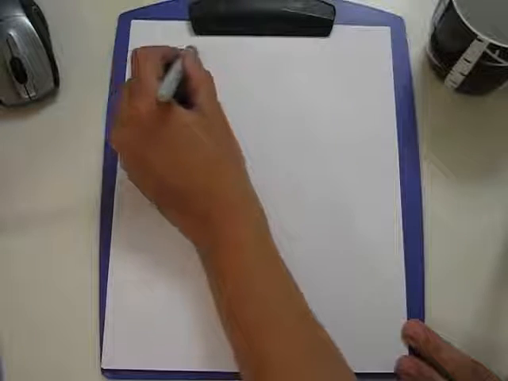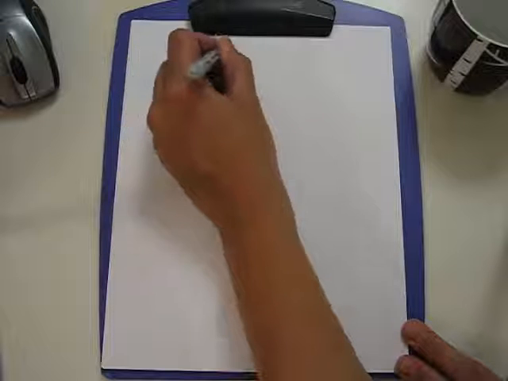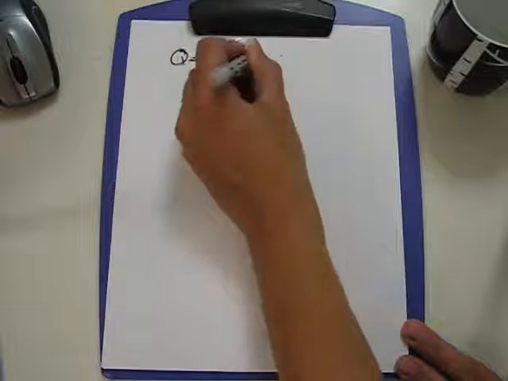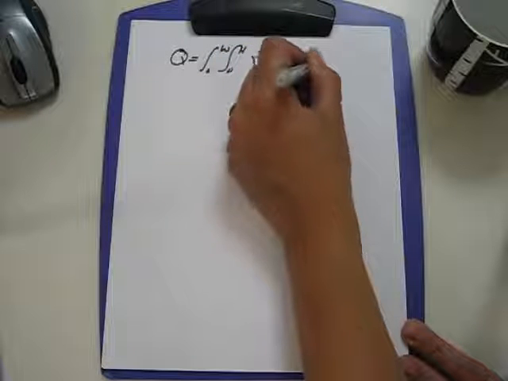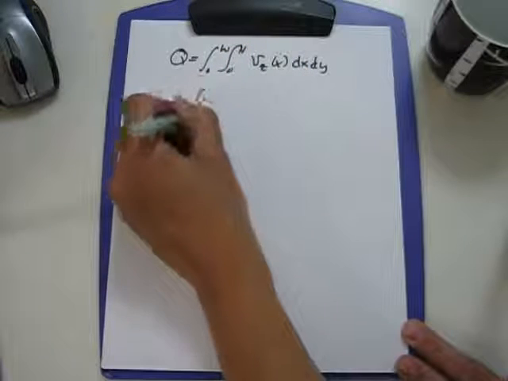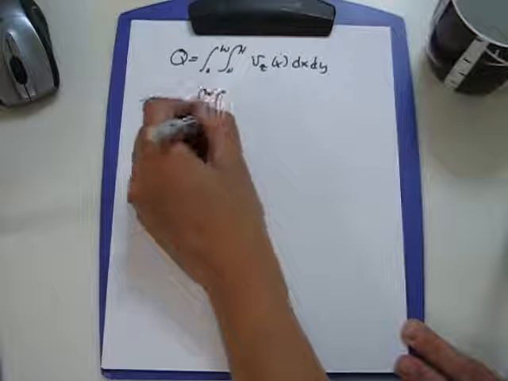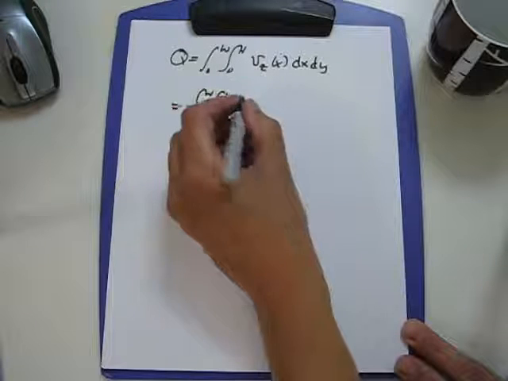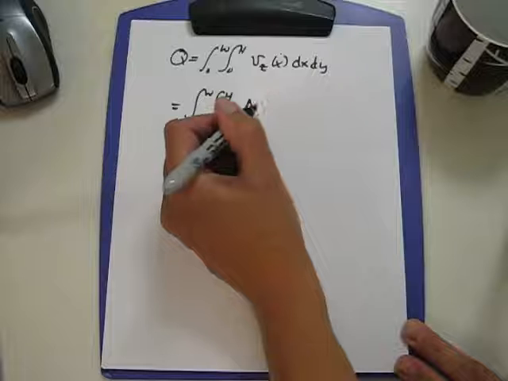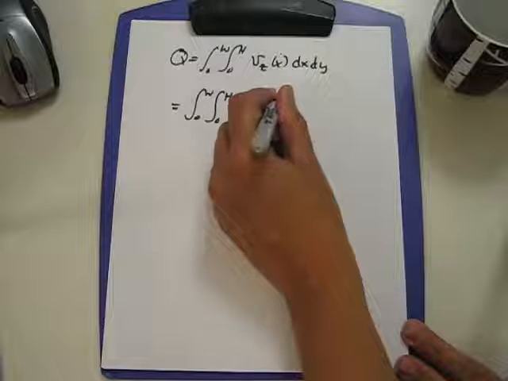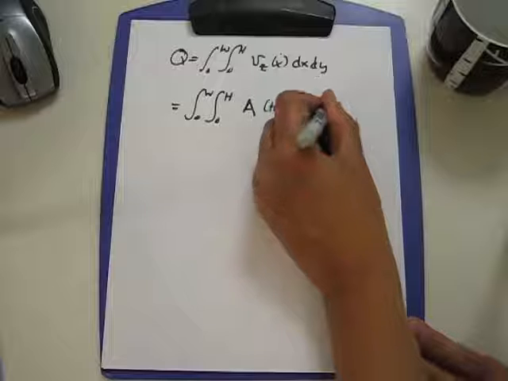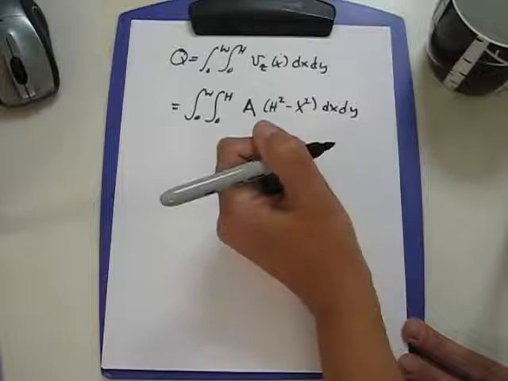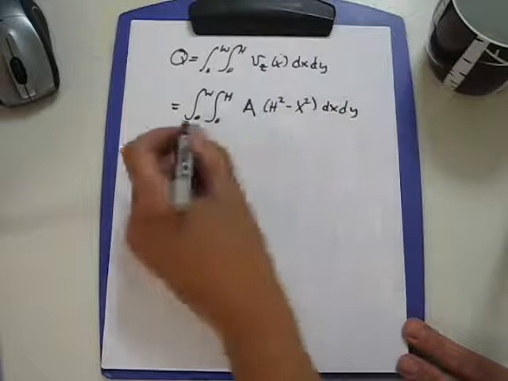To carry it out, we just copy that equation. Q equals the integral from 0 to w, integral from 0 to h, of vz of x dx dy. And we include now the velocity profile, which was a whole bunch of constants, which I'll call a, times h squared minus x squared dx dy. We first carry out the y integration.